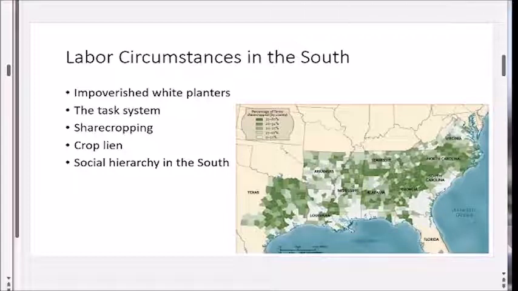In some of the southern cities, you do have a little bit of industry that's developing. You also have some entrepreneurs in those cities as well. That's a part of the whole social hierarchy. They're on the rise as well. And then you have small white farmers, many who are losing their lands or having to become sharecroppers because the economy is not doing well, especially in the agricultural sector.